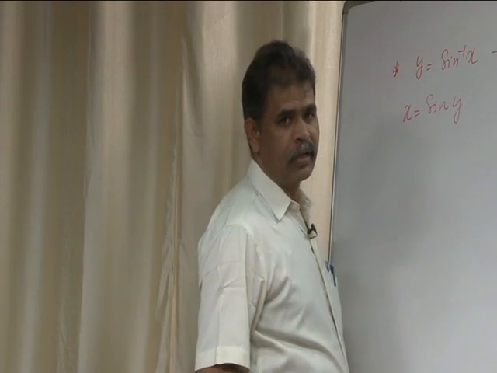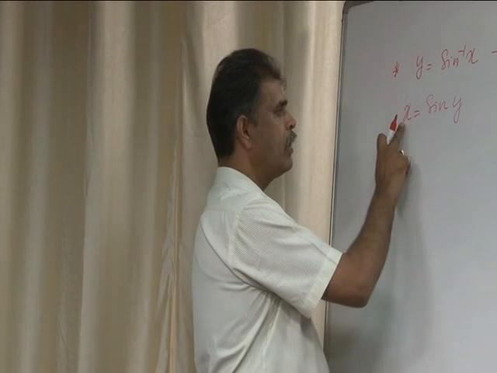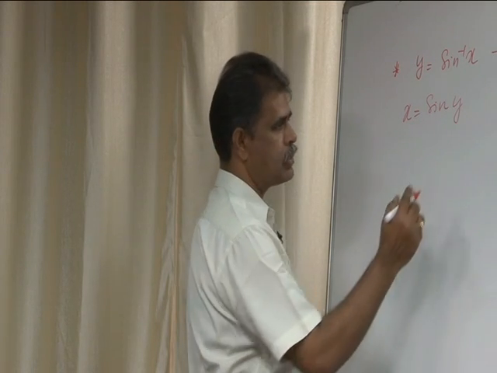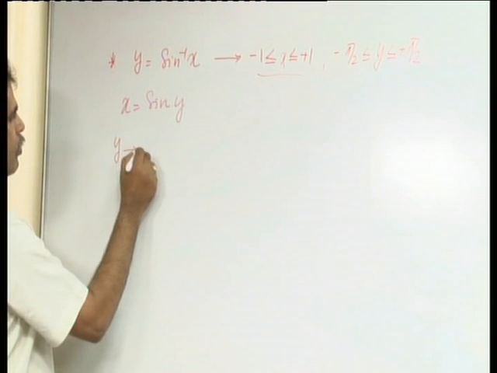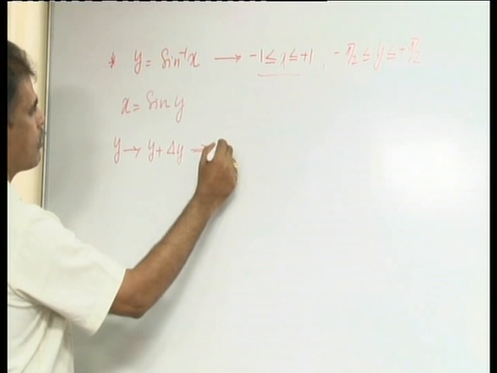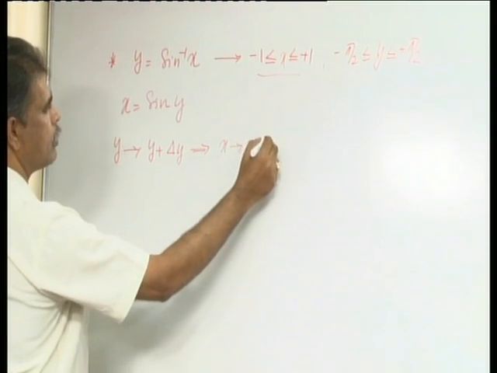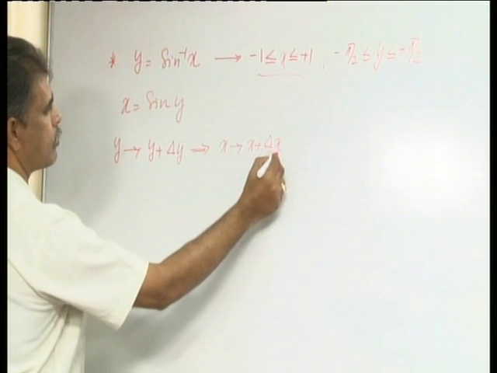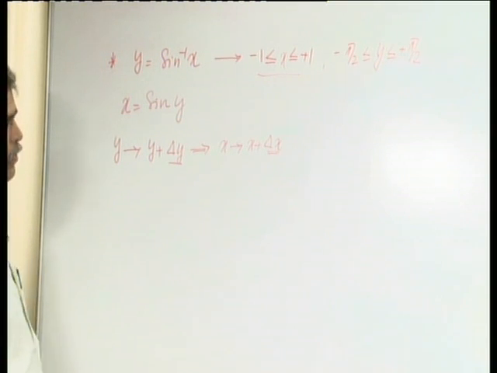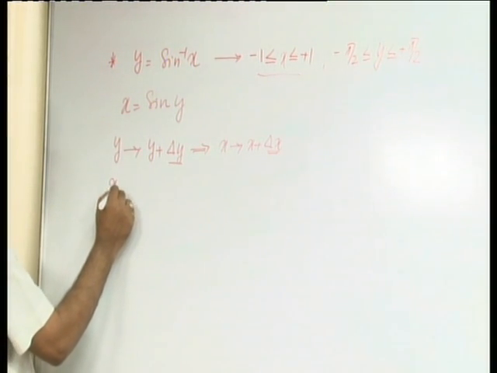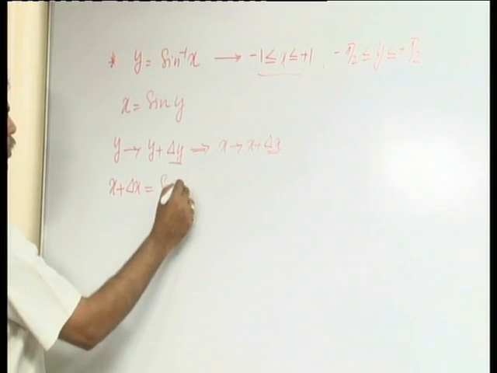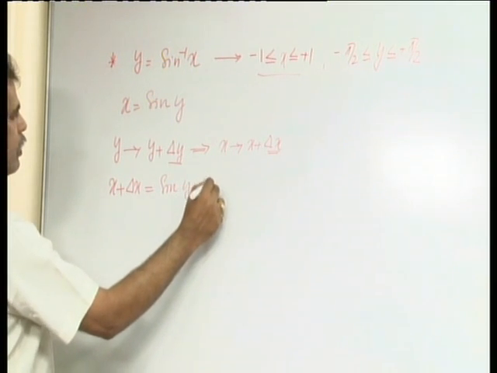In the last classes we had y is equal to sin x; here we have changed the variables. As y changes to y plus delta y, automatically x changes to x plus delta x, where delta x and delta y are increments in x and y. Therefore, x plus delta x is equal to sin of y plus delta y.